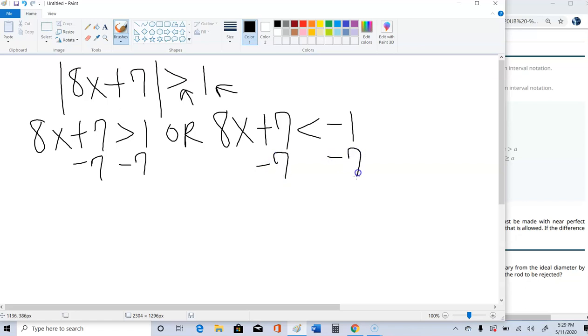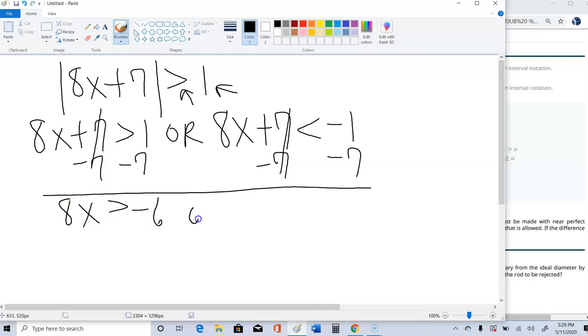The first step is the same for each inequality: subtract 7 from both sides. First inequality, we have 8x is greater than negative 6. And the second inequality, we have 8x is less than negative 8.